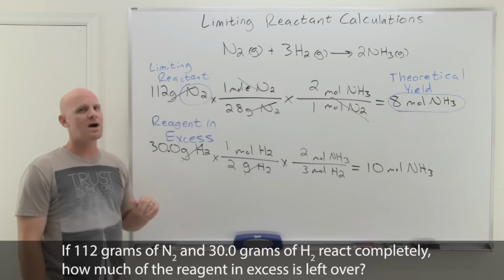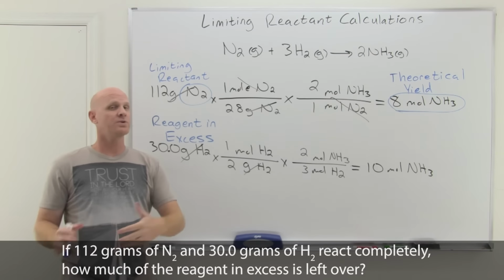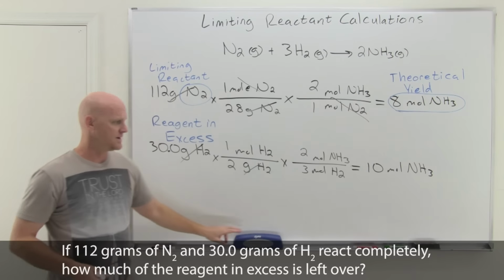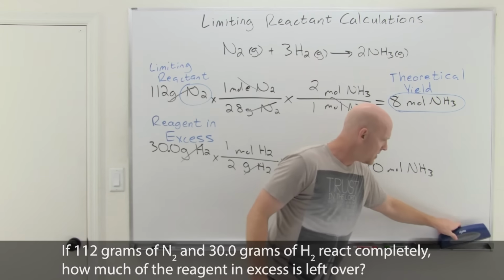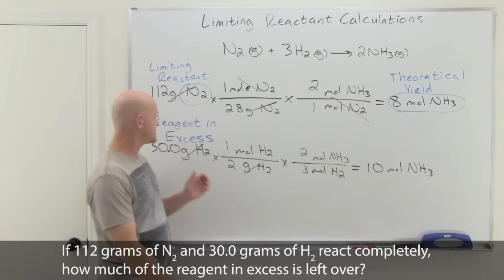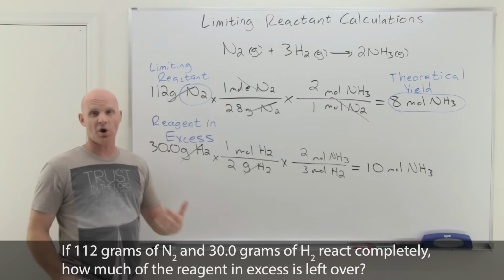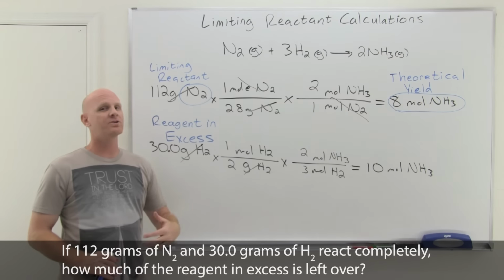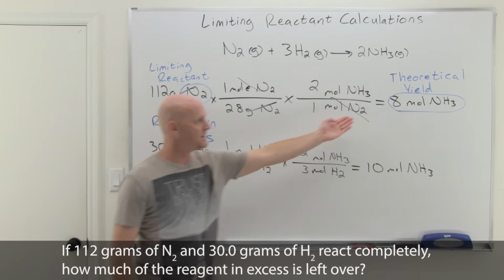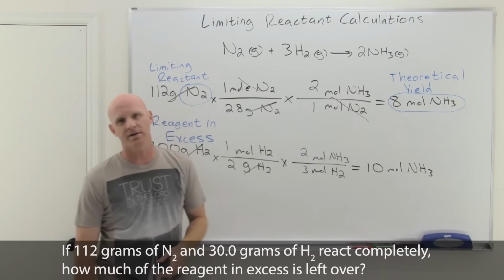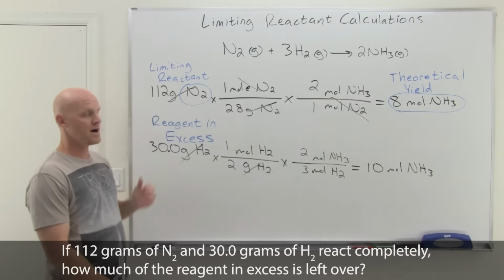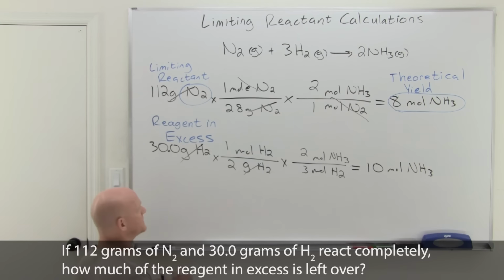And when you're going to figure this out, you want to start from the theoretical yield you just calculated. The idea is that you know how much of this H2 you've started with. The question is how much actually gets used up in making your theoretical yield of your product. And then we'll just subtract that off from how much we started with. So we're going to start with that theoretical yield of 8 moles NH3.